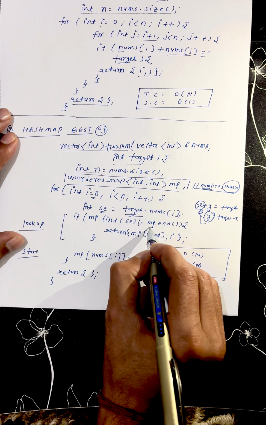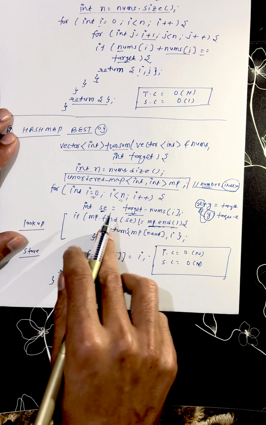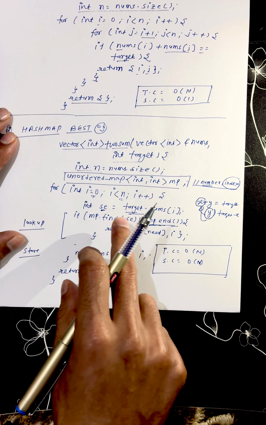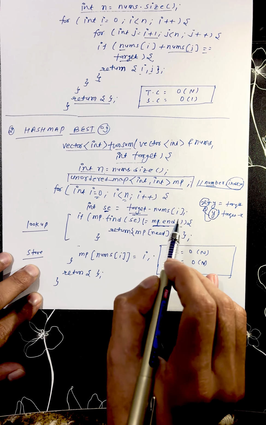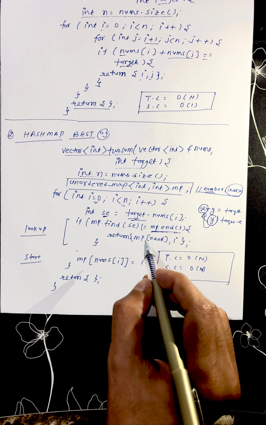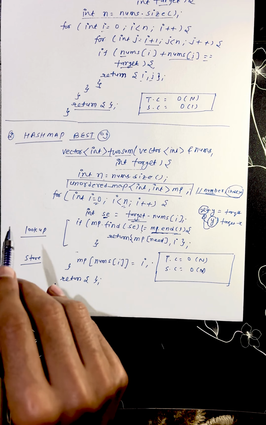Why are we writing mp.end? What the map does if we don't find this searching element or any element in the map is that it returns the mp.end pointer. So we are writing not equal to here, which means the element is already present in the map.